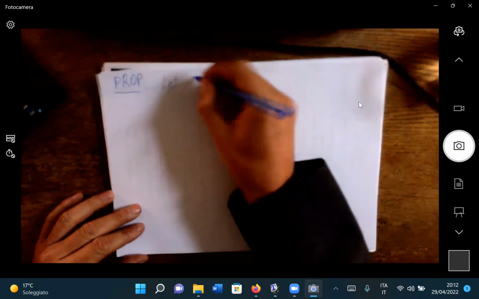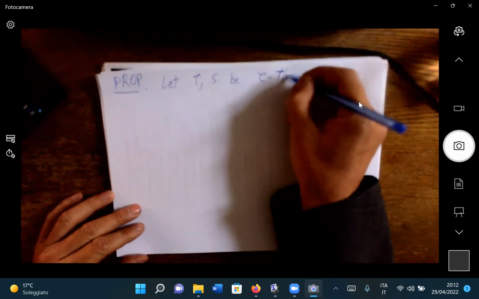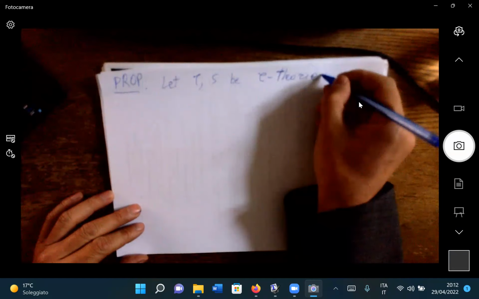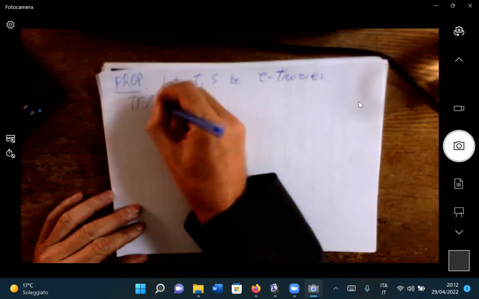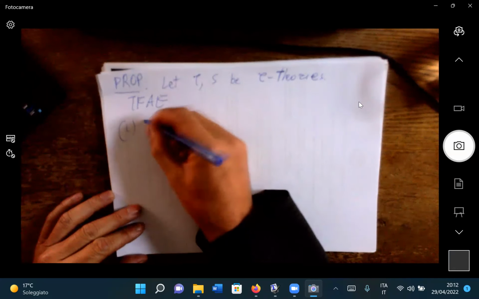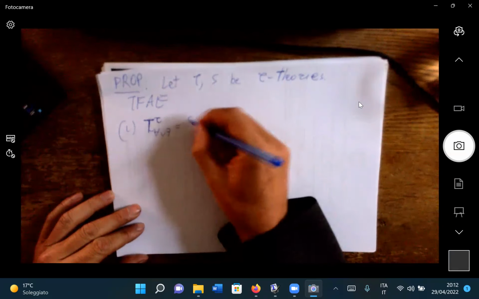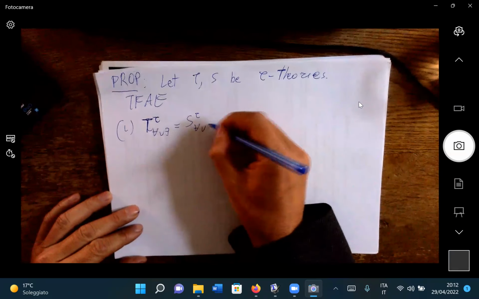Let T, S be tau theories. The following are equivalent. 1, T tau for all exist is equal to S tau for all exist.